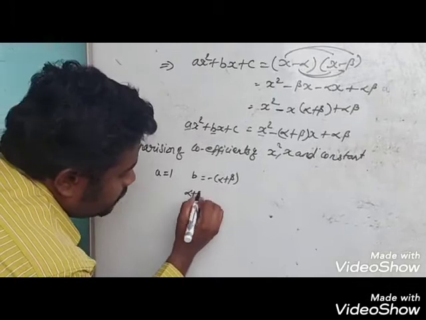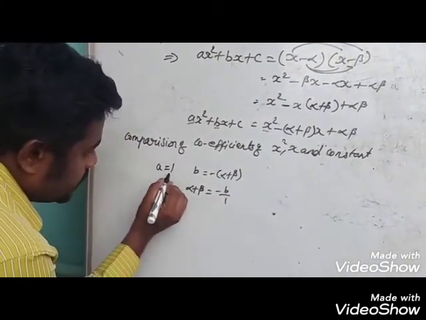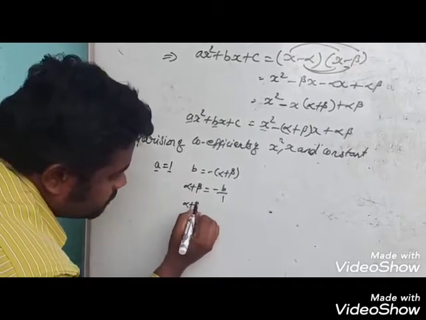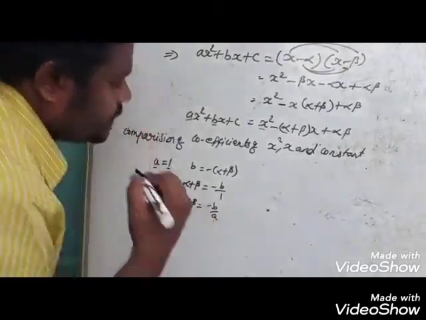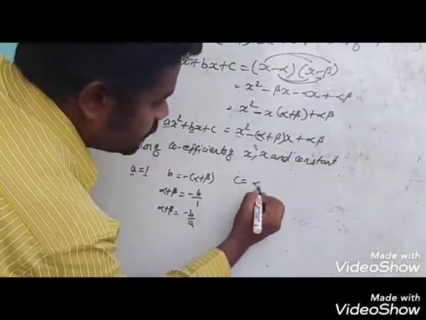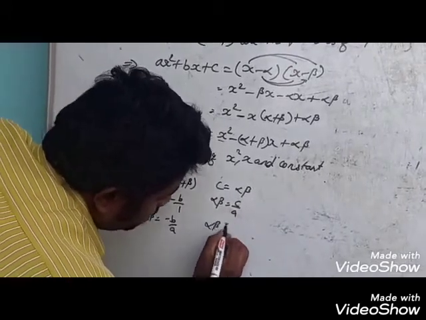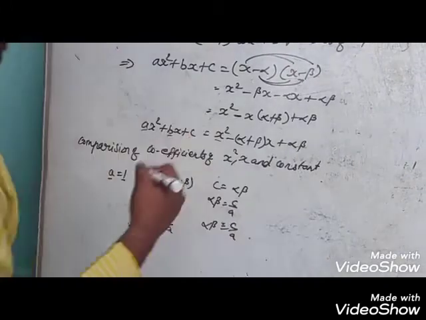So alpha plus beta can be written as minus b by 1, and since 1 equals a, alpha plus beta equals minus b by a. And the constant c equals alpha beta, so alpha beta equals c by 1, that is, alpha beta equals c by a.